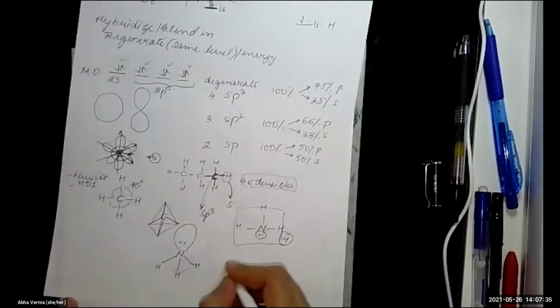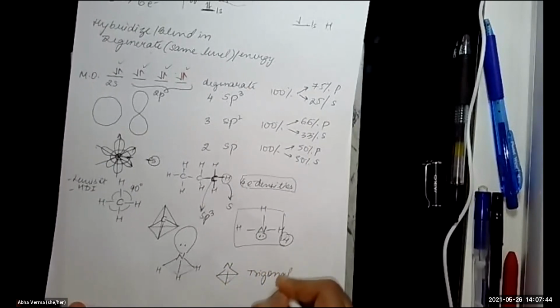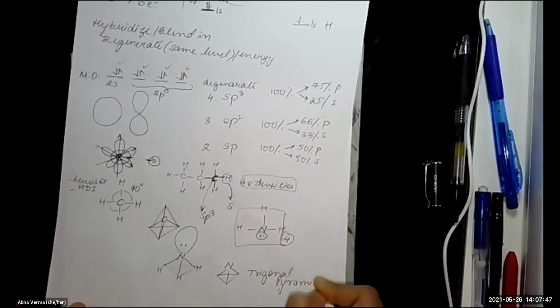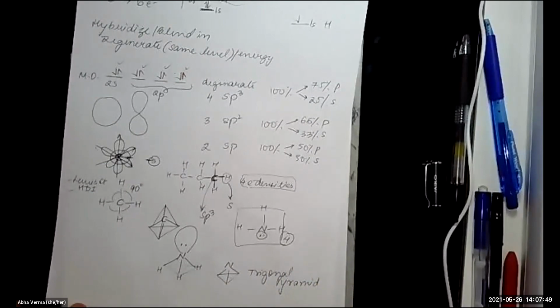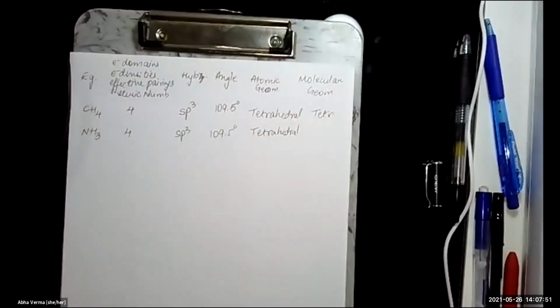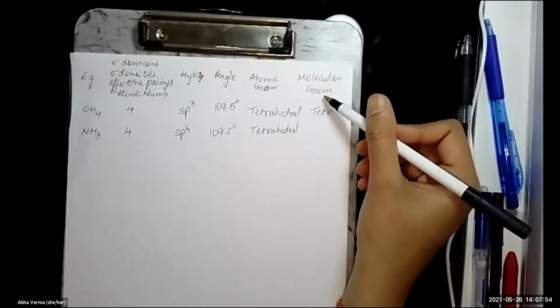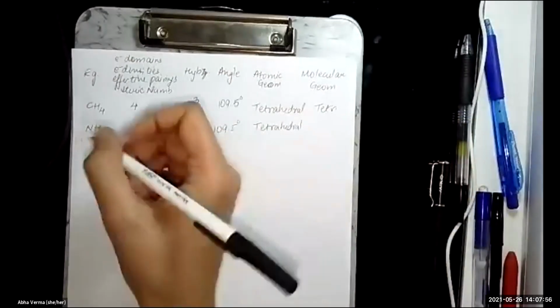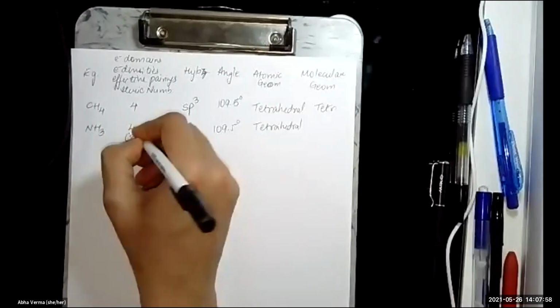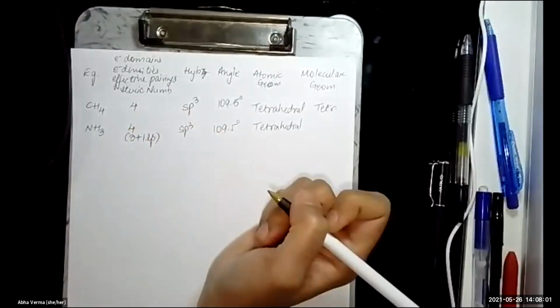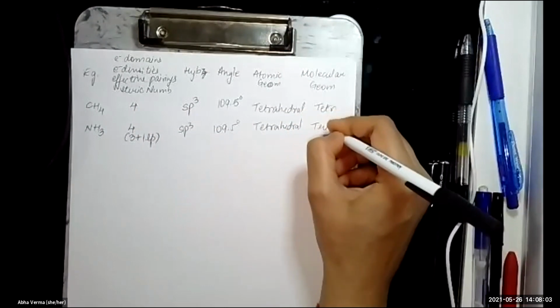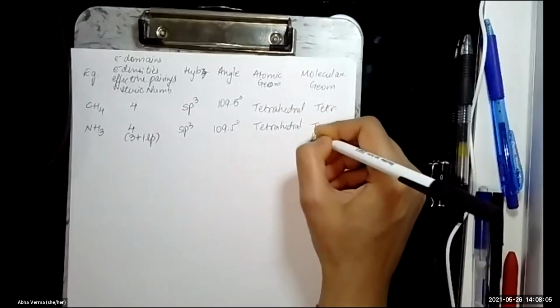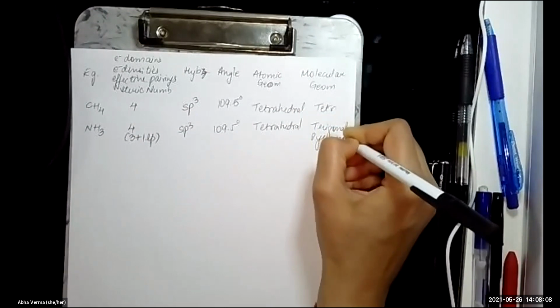But when I look, I will see only this trigonal pyramid. So instead of tetrahedral molecular geometry, NH3, which is 3 plus 1 lone pair, gives me a trigonal pyramid. Very good. Thank you, Sammy. Welcome.